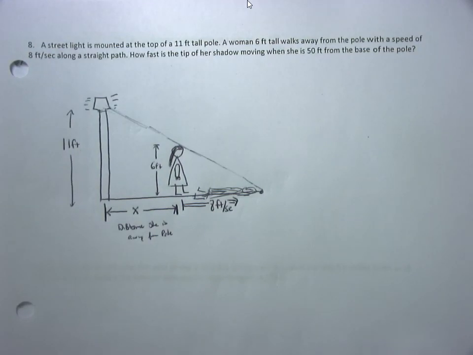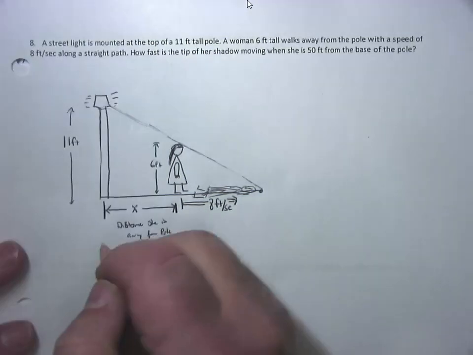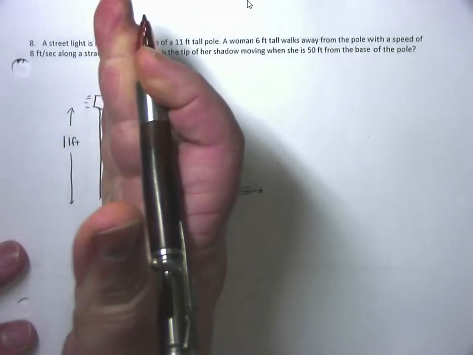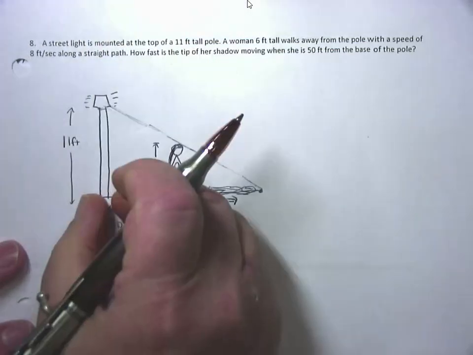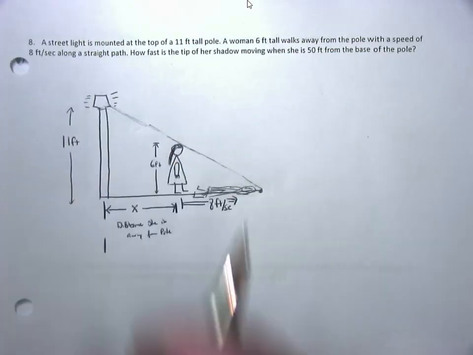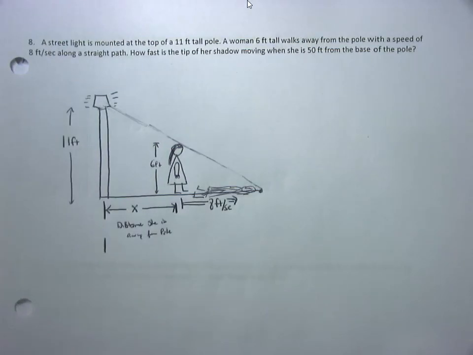But there's got to be another variable, and that variable is what I'm interested in, which is the tip of her shadow. But where does a shadow come from? What creates shadow? Light does. And where's the light calculated at? It is here. So it's got to start here, because when she's underneath the pole, she actually has very little shadow, right? When the sun's right above you, noontime, we don't have shadows on the ground.